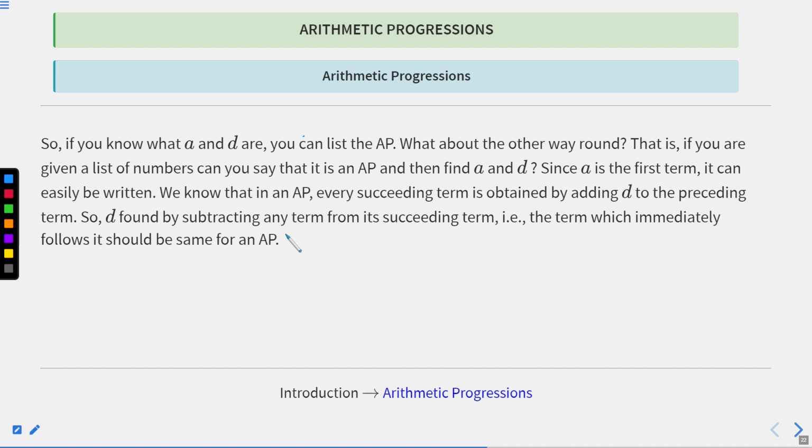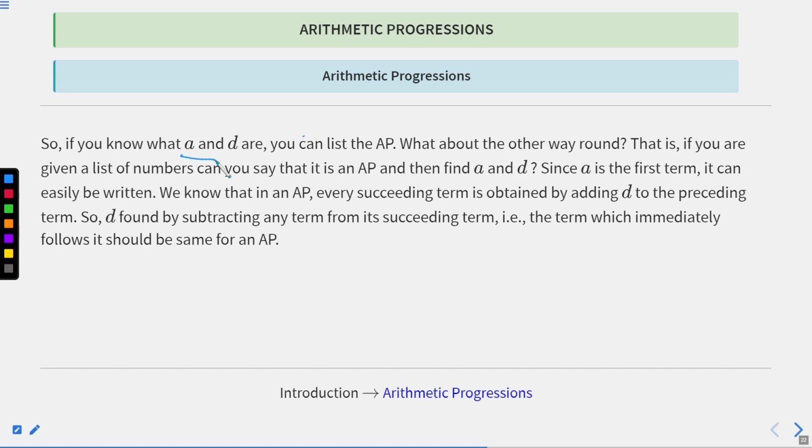For making an arithmetic progression, we need both the first term A and the common difference D. If you know A and D, you can list the arithmetic progression.